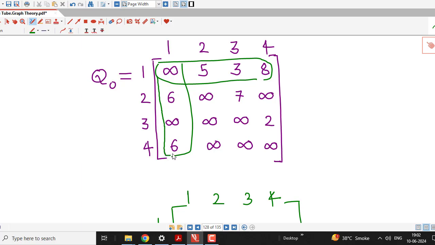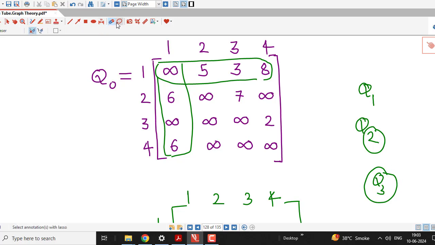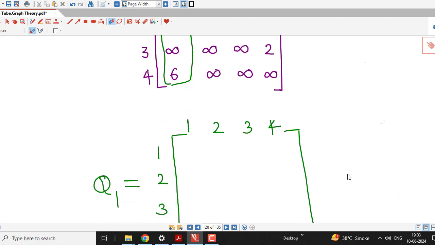Remember this: if I am writing Q1, then the first row and first column of Q1 are the same as Q0. Whenever I write Q2, then the second row and second column of Q2 will be the same as those of Q1. When I write Q3, the third row and third column of Q3 will be the same as those of Q2. So remember this algorithm in this way.